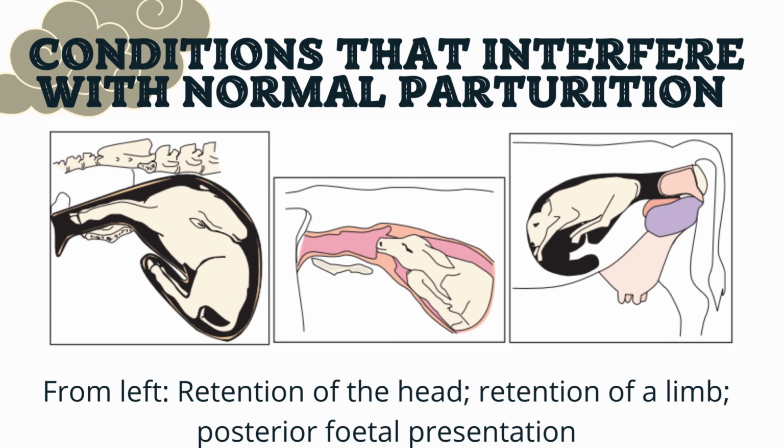Now, a cow may retain the afterbirth, especially after she has a disease. The afterbirth could rot and cause what we call metritis, which is an infection of the uterus.